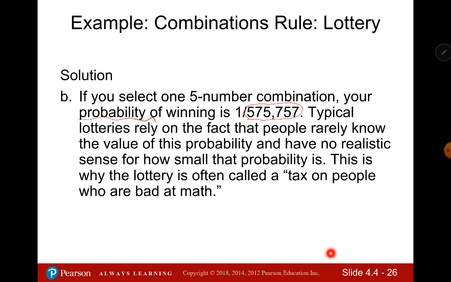So this second part talks about probability. We realize this probability is very small, right? So we say the lottery is a tax on people who are bad at math, because it's almost impossible to happen. Very unlikely to happen.